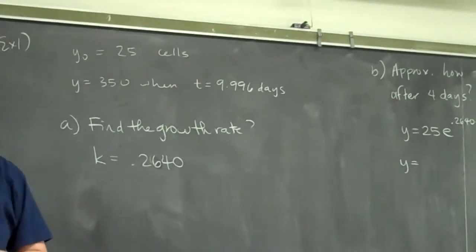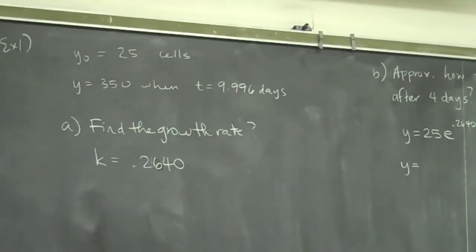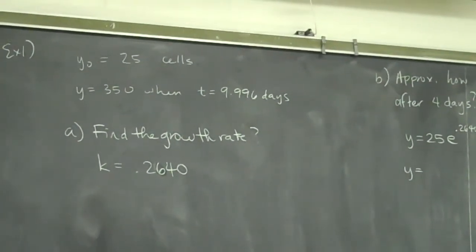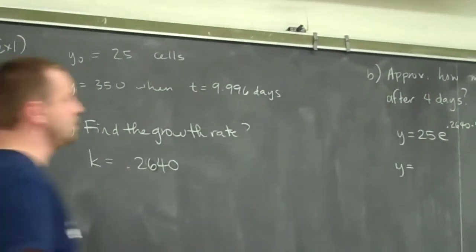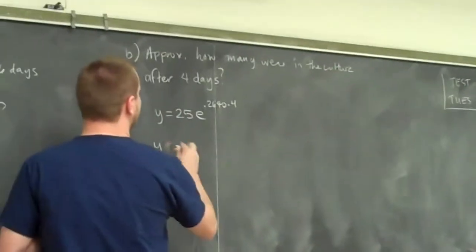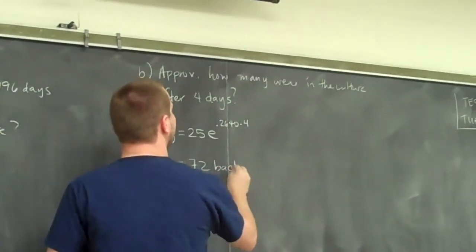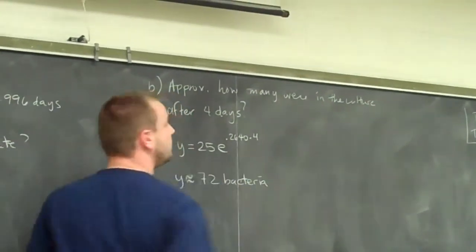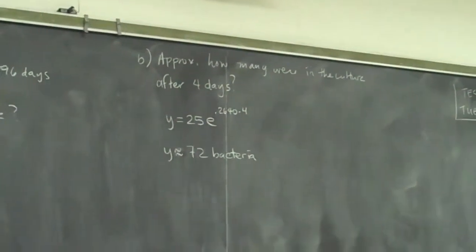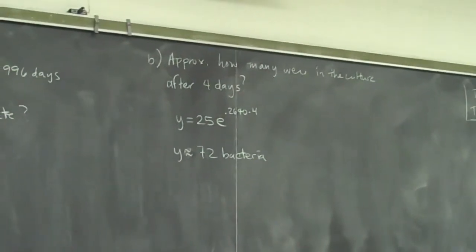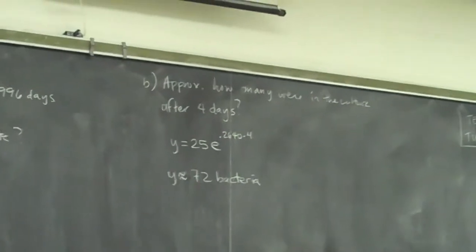Probably, if we're counting things, we're probably going to have to count in whole numbers, right? So I would say something like y is approximately 72 bacteria. Okay? I don't think it makes sense to say we have 71.87 bacteria.